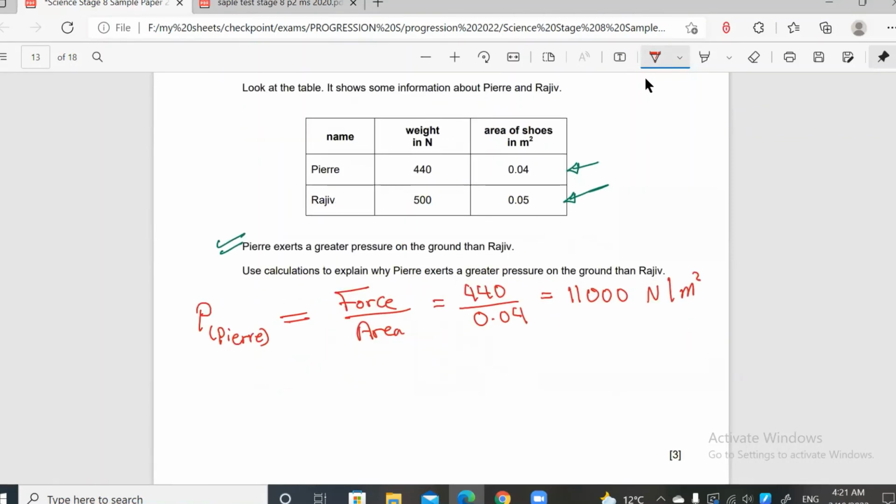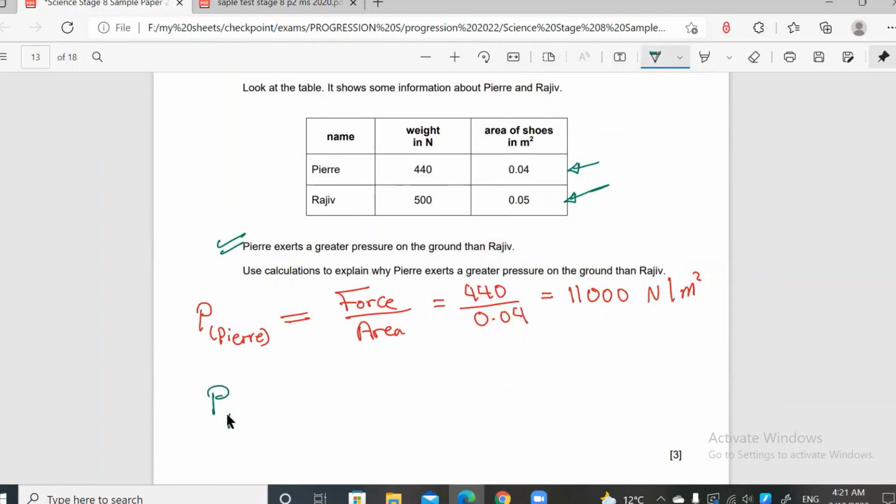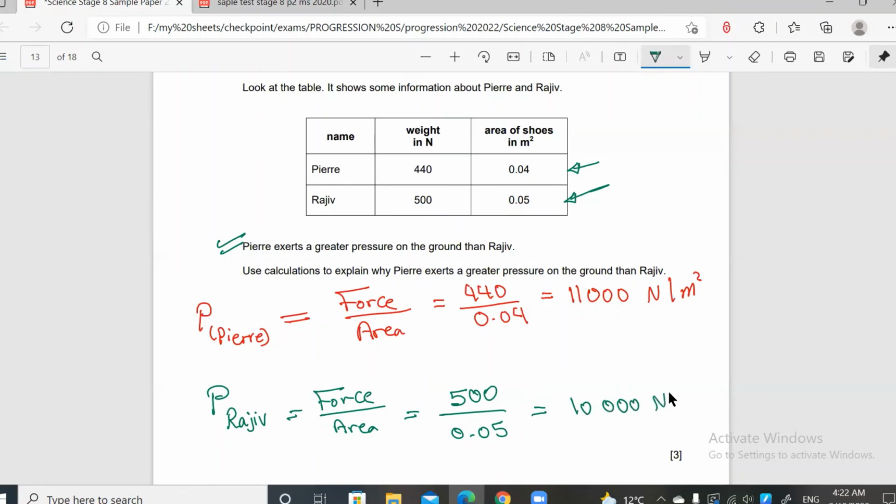While the pressure of Rajiv, by the same rule, force over area, is 500 divided by 0.05, which equals 10,000 Newton per meter square.